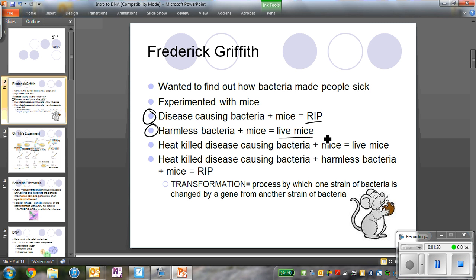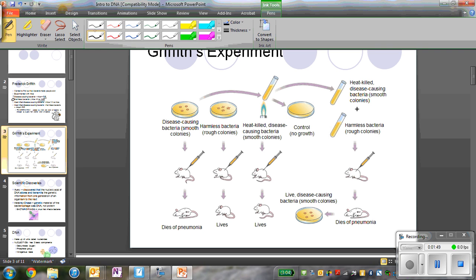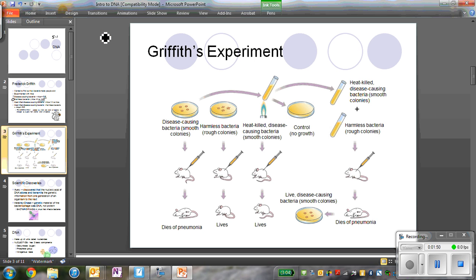What he discovered is that there were different types of bacteria that were all classified the same way, but were ultimately different in what was in them. I'm going to show you this picture because I think it does a better job of showing what occurred. We can go back to the notes in a minute.